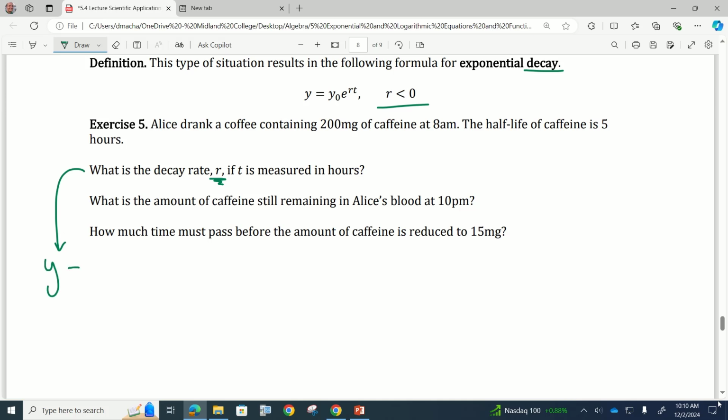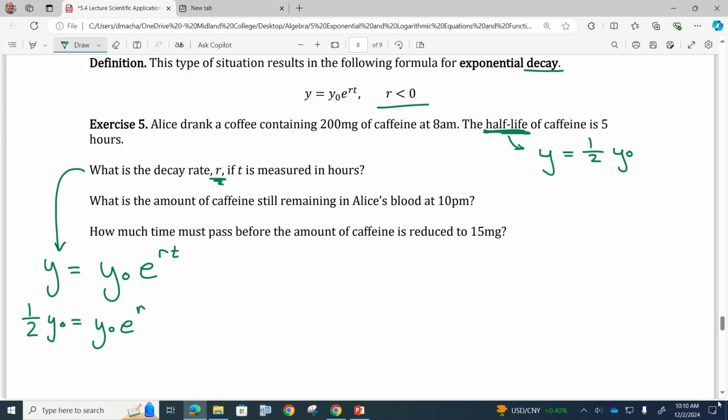So y equals y0 times e to the power rt. If I'm talking about the half-life, then I'm telling us how much time it takes for the current amount to be 1/2 of the initial amount. So back here, instead of writing y, I'm going to write 1/2 of the initial amount equals the initial amount times e to the power rt.